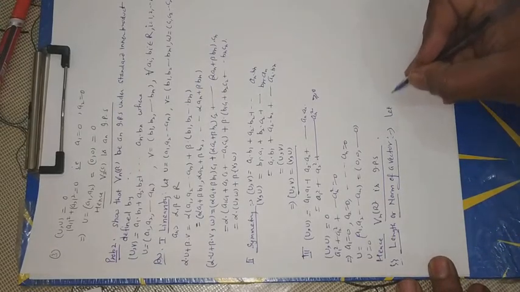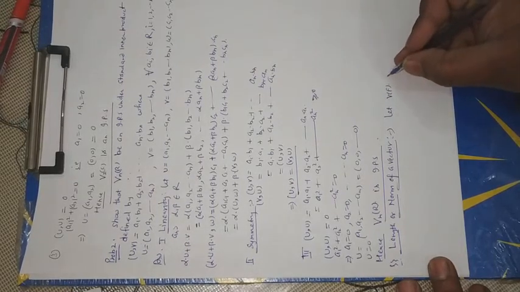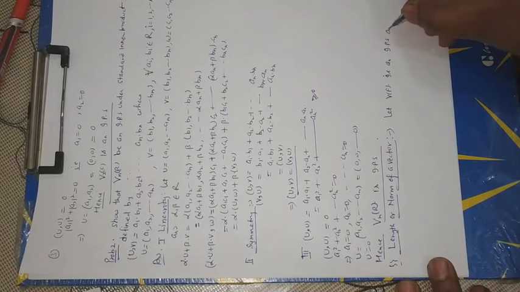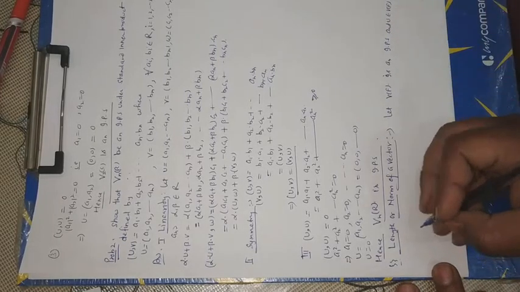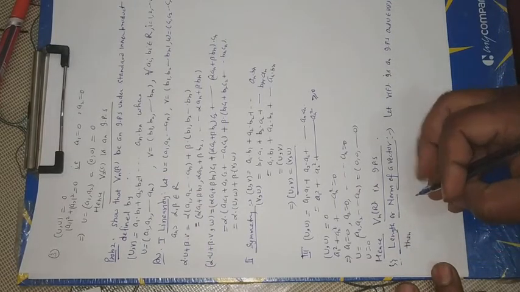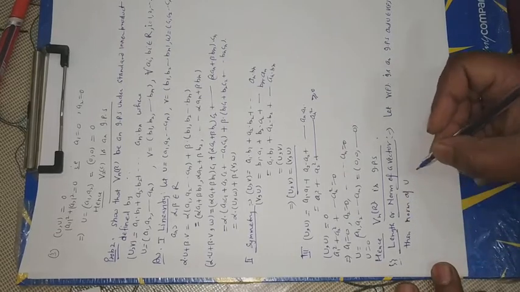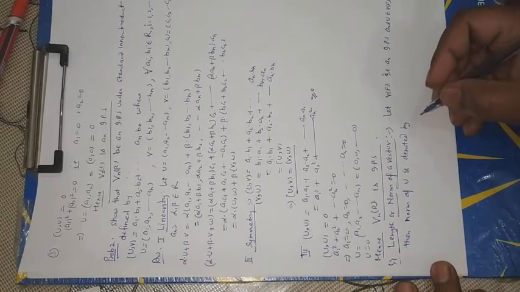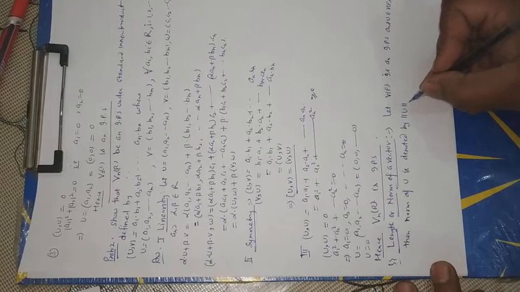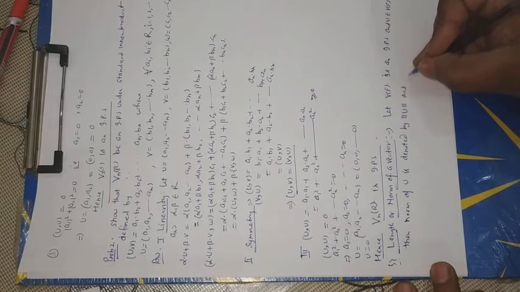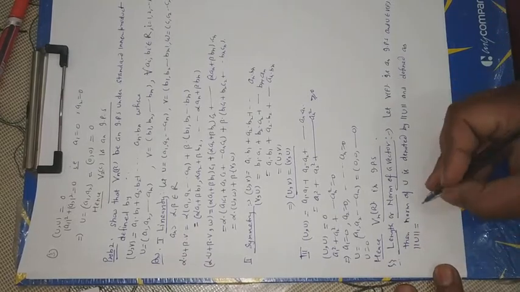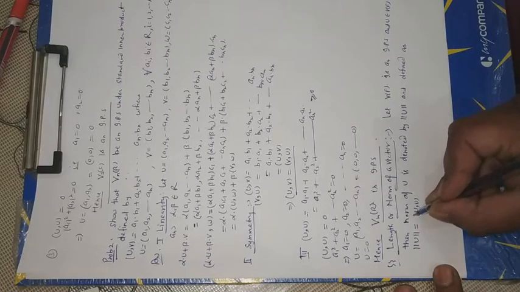Let VF be an inner product space, and U belongs to VF, then norm of U is denoted by U with double line on both sides and defined as norm of U equal to inner product of U with U whole under root.